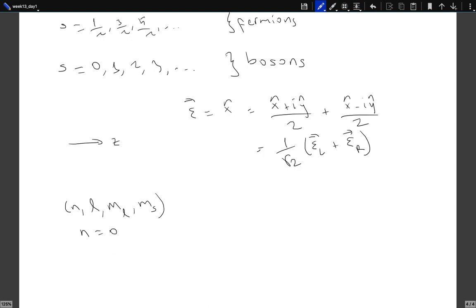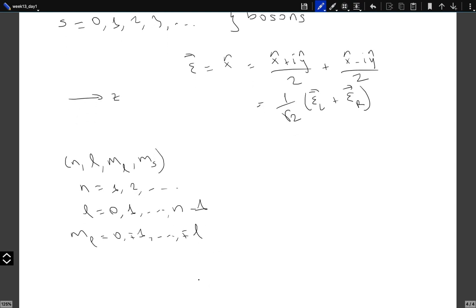As for their ranges, n starts from 1, 2, and so on. L takes values 0, 1, up to n minus 1. ML takes values 0, plus or minus 1, up to plus or minus L. And ms takes values plus or minus 1/2. If you know these 4 quantum numbers of an electron, then you know the state of the electron.